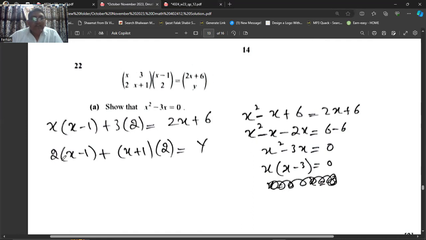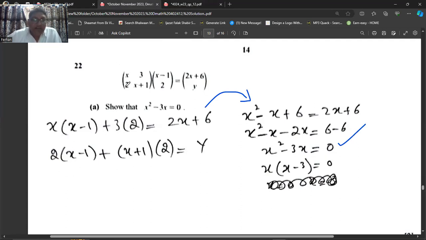So x square minus 3x plus 6 is equal to 2x plus 6. You will have x square minus x minus 2x equals 6 minus 6, so that will become 0. So x square minus 3x is equal to 0. Take x common. You just have to show this term. Okay, so this is done.